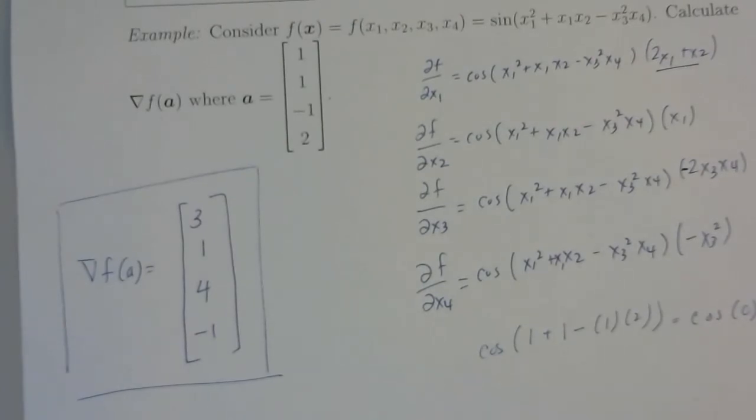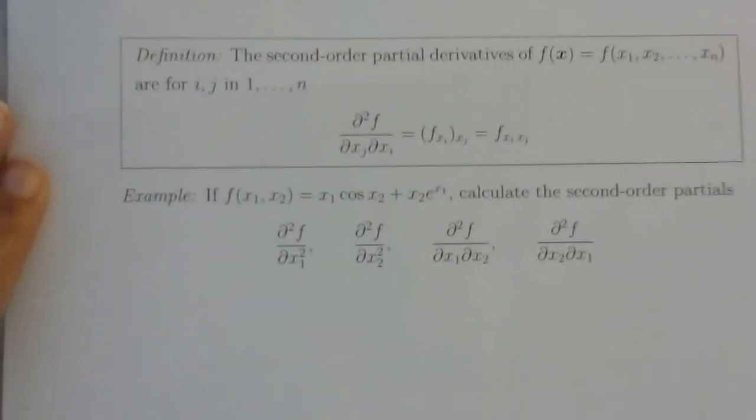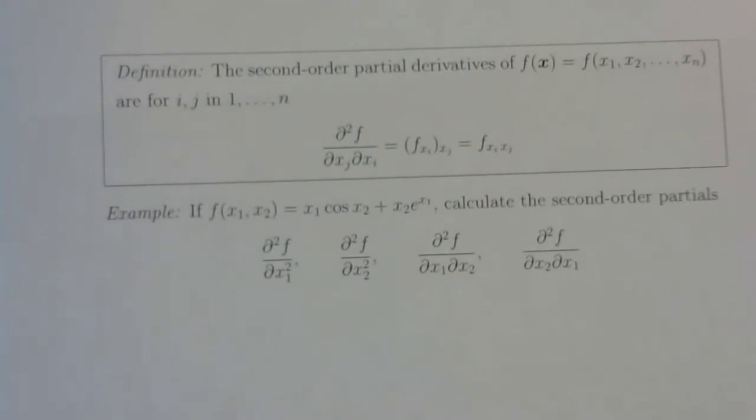So here is our gradient of a vector valued function at a point. Excellent. Okay. What about second derivatives? Okay, so our next definition is for the second order partials.